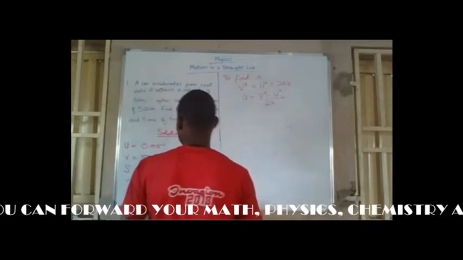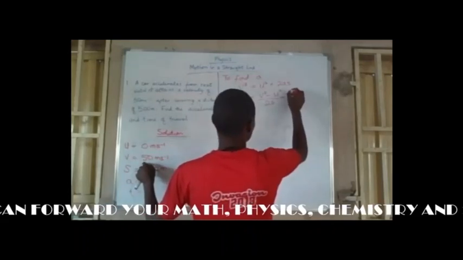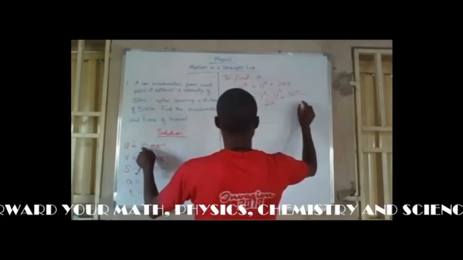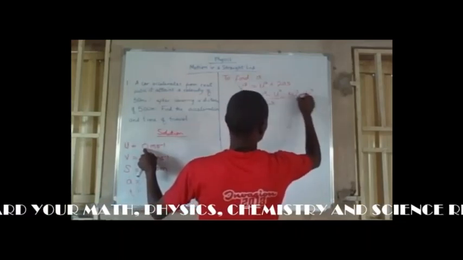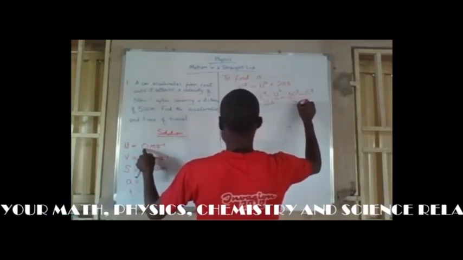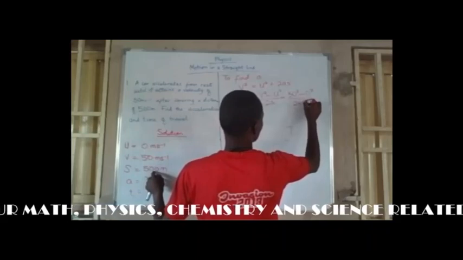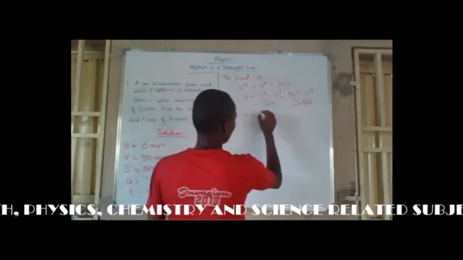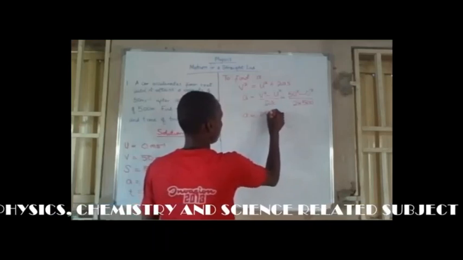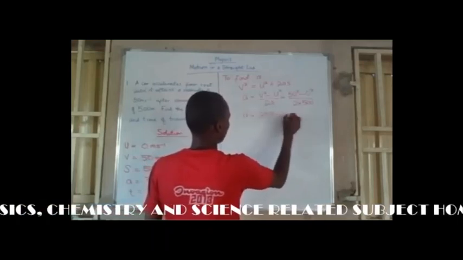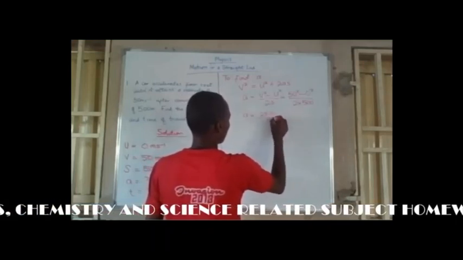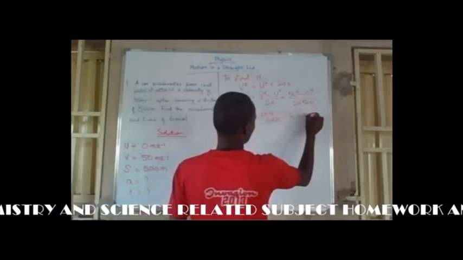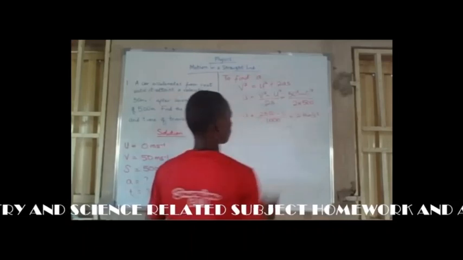Let's make our substitution. V is 50 squared minus u, which is 0 squared, all over 2 times s, which is 500. So 50 squared is 2,500 minus 0, all over 2 times 500, which is 1,000. Everything simplifies to give 2.5 meters per second squared.